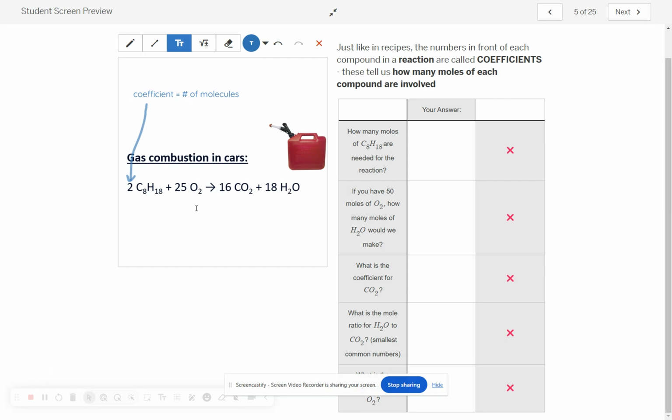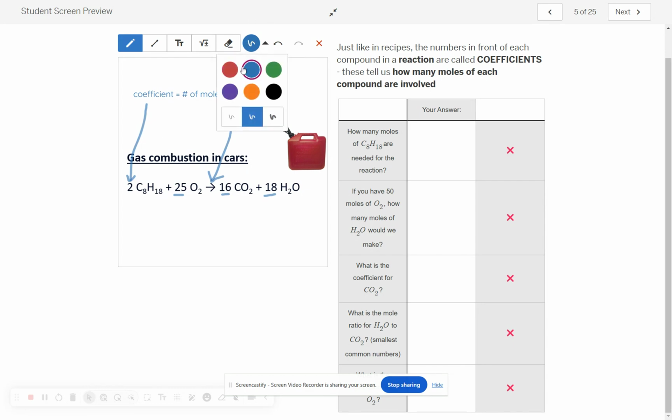And when those combine to react, we have this arrow that tells us that we are reacting. Then we form 16 molecules or moles of CO2 and 18 of H2O. Okay, so that's the first piece of information.